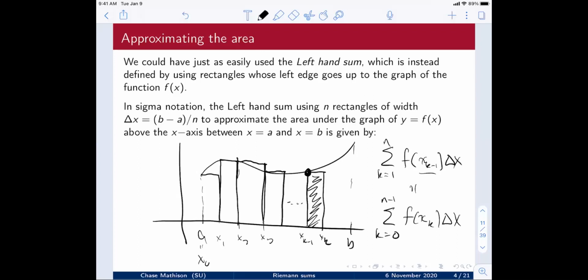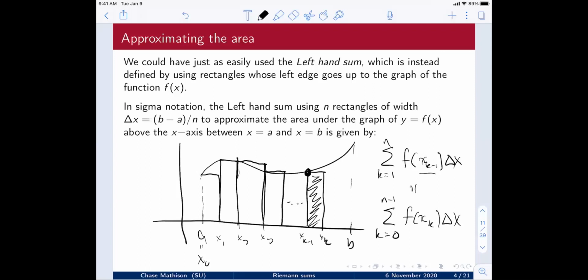All that really needs to happen is you need to keep track of the left and right endpoints. And that's a very good note, Saba. For a general function, you can't say in general which one's going to give you an overestimate and which one's going to give you an underestimate. For an increasing function, the left-hand sum will give you an underestimate and the right-hand sum will give you an overestimate.